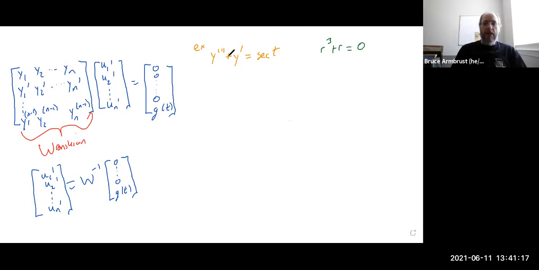It has constant coefficients, so we can just go to the characteristic polynomial. This is r times (r squared plus 1). So we have r equals 0 and r equals plus or minus i. So that means a fundamental set here is going to be 1, cosine of t, and sine of t.